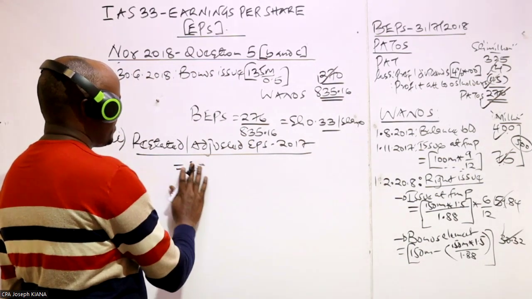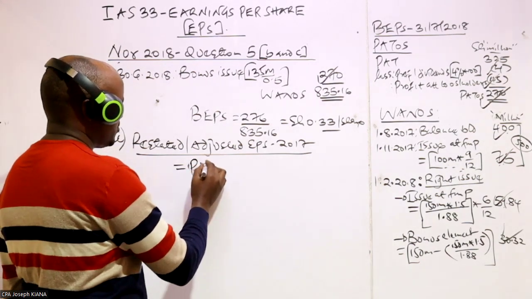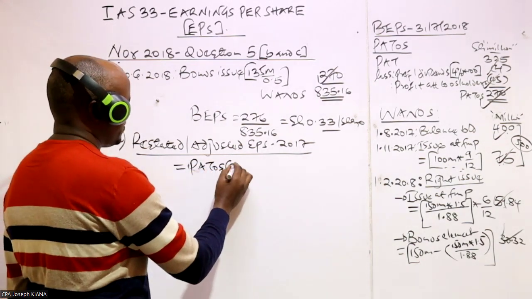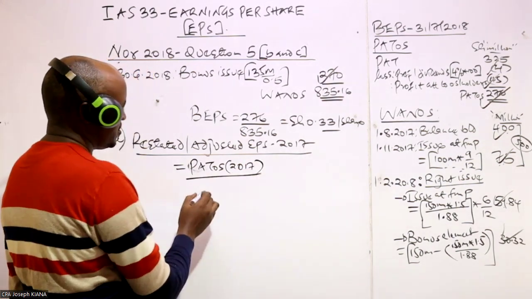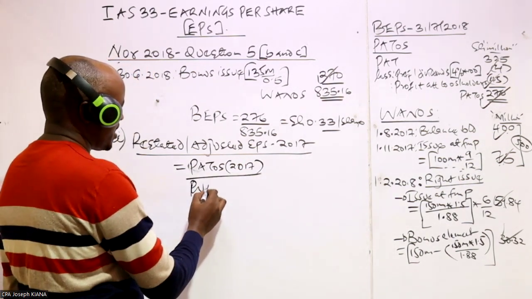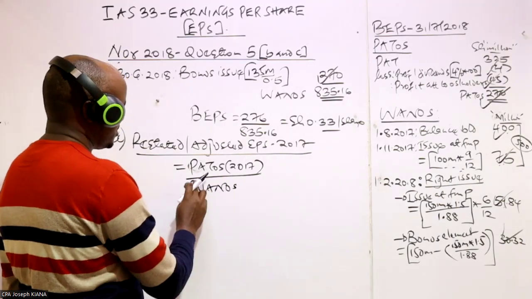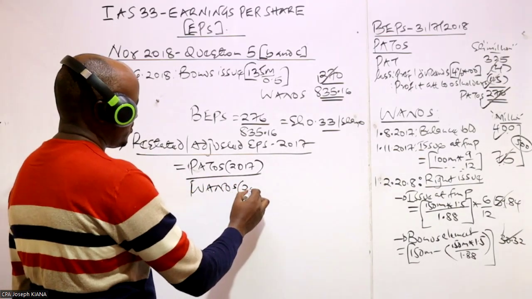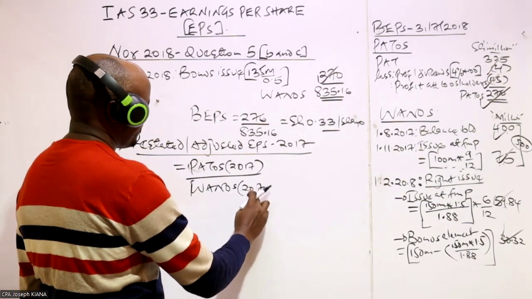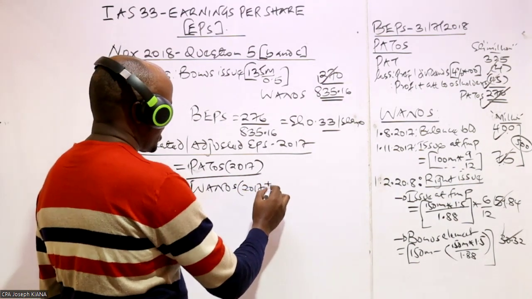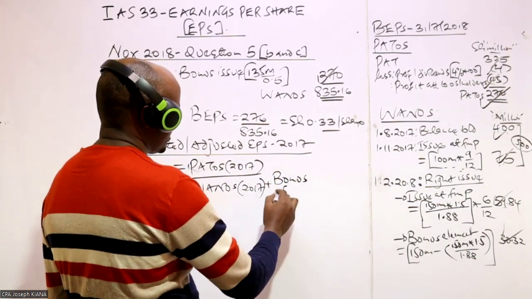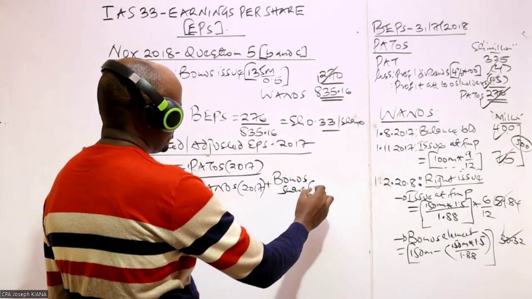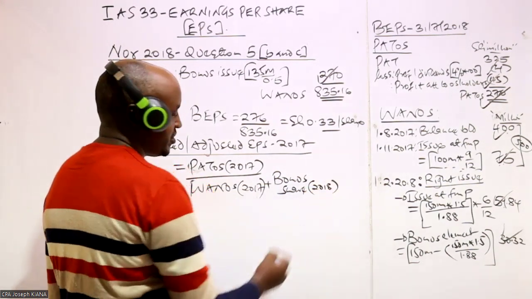So how do we compute this? We take the PATOS, the profit attributable to ordinary shareholders for 2017. We divide this by the weighted average number of ordinary shares, still for 2017. And then to this we add the bonus shares which were issued in 2018.